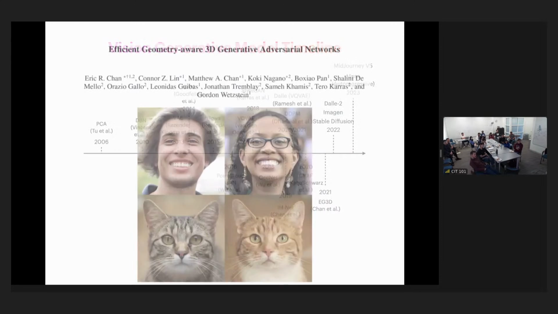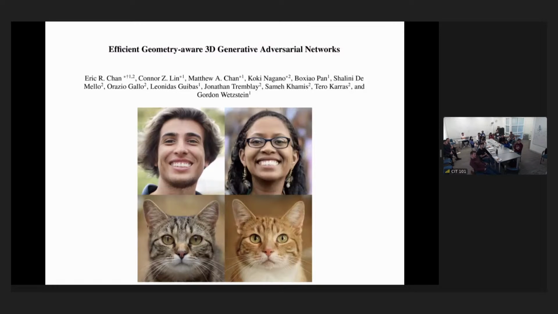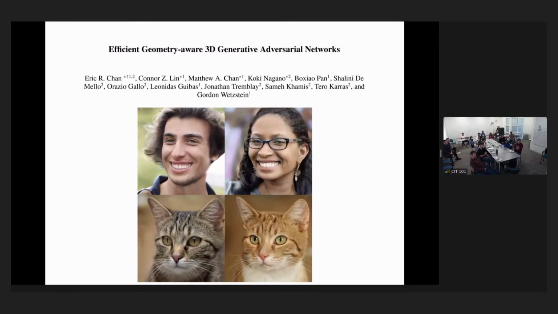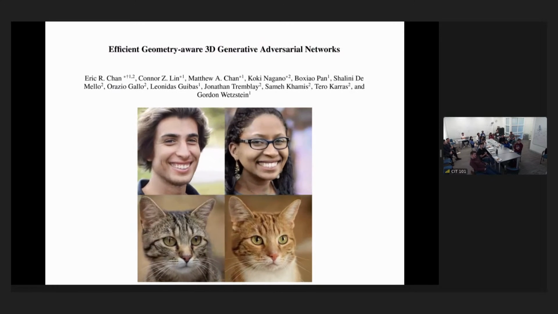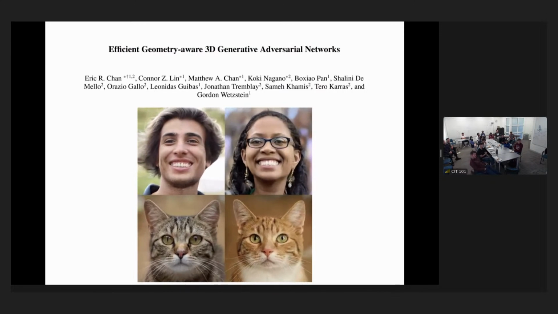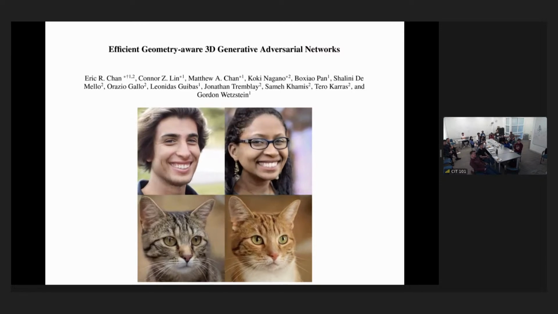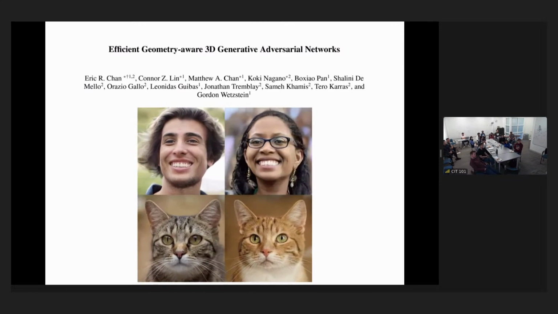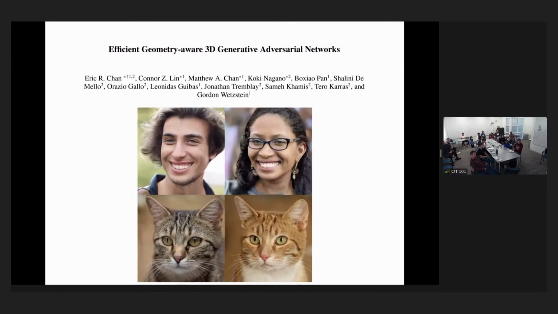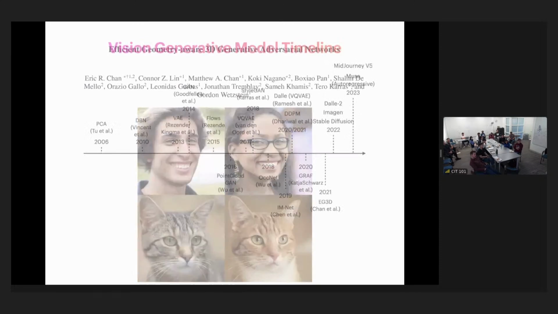And in 2021, there's the EG3D paper by Gordon's group at Stanford that basically allows you to generate very high-quality images with 3D structure, like faces.